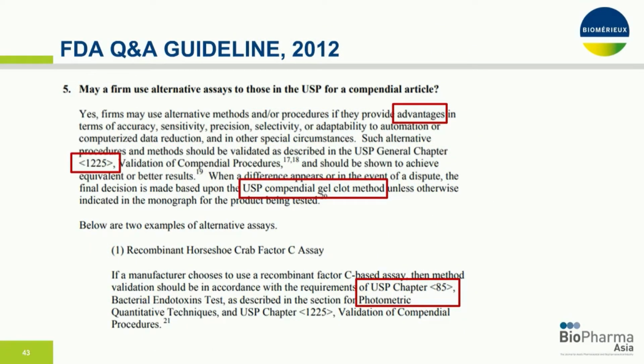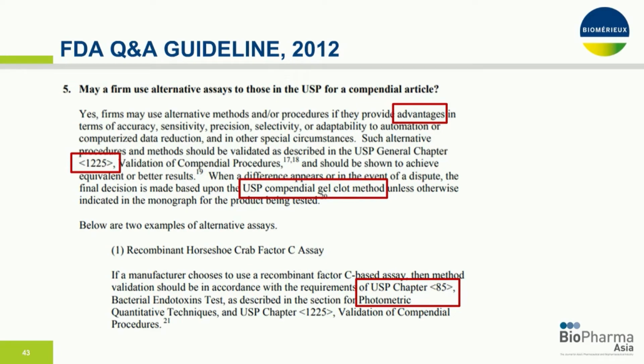We got some feedback from FDA in 2012 with the so-called replacement of the long-standing 1987 guide that Karen talked about, with the so-called Q&A guideline, and they dedicated a couple of questions to alternative validation.